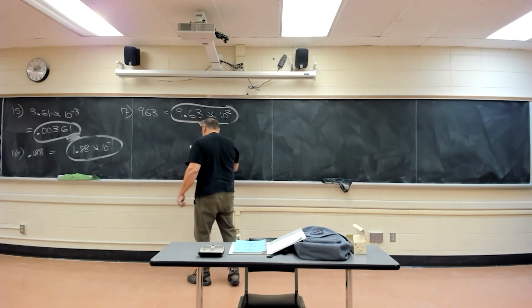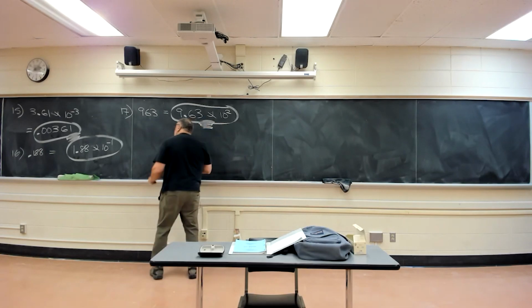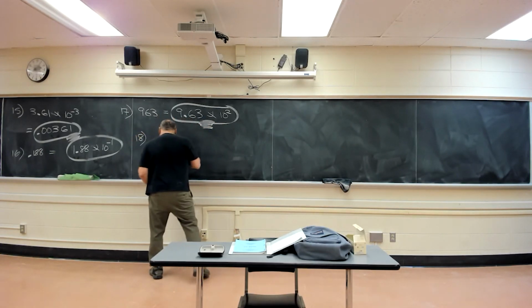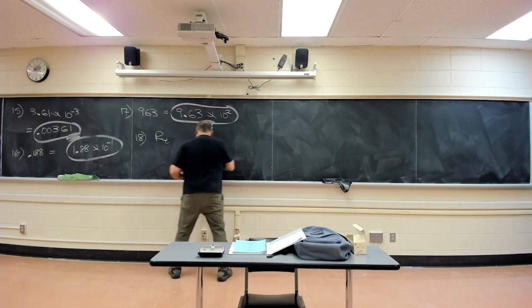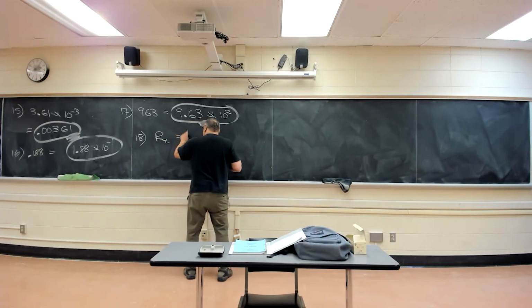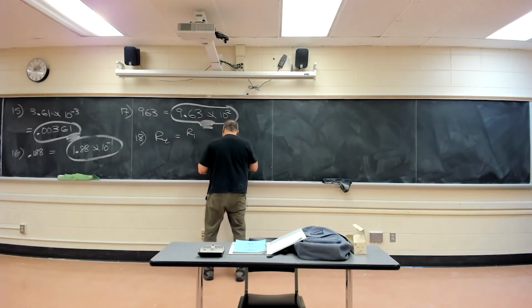There are a number of ways to write some things, so let's just keep going and we'll see what we can say. We're talking about this. R sub t is R1 times R2.